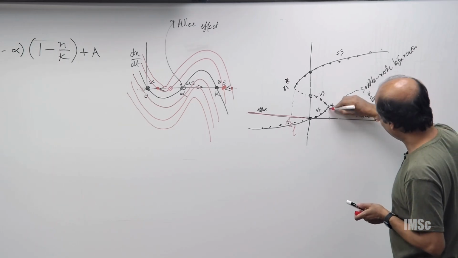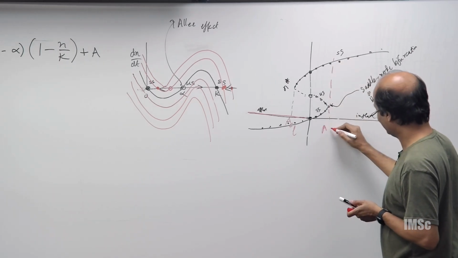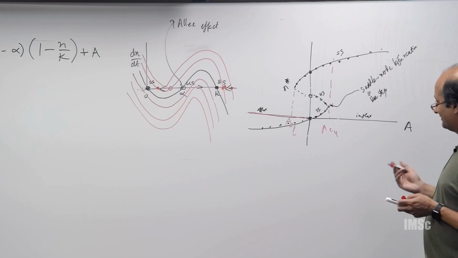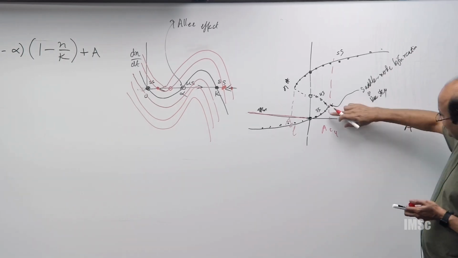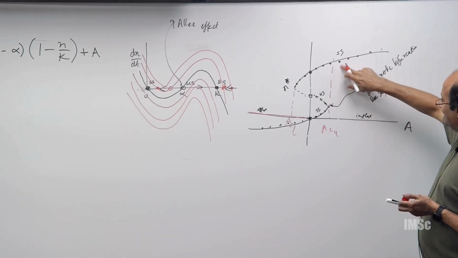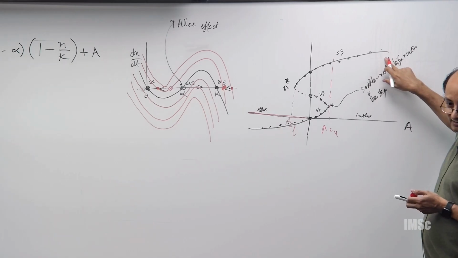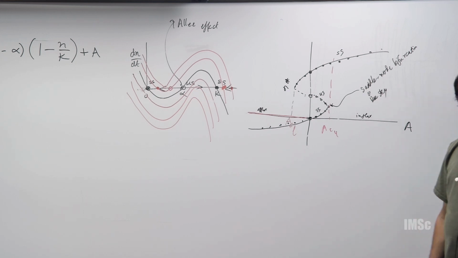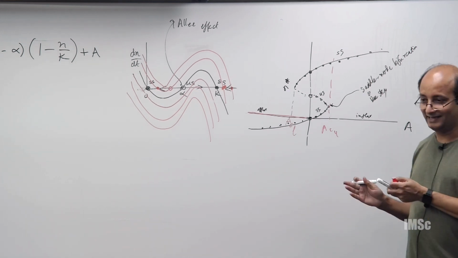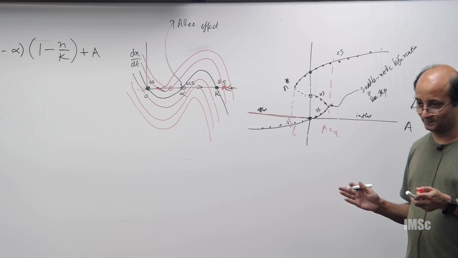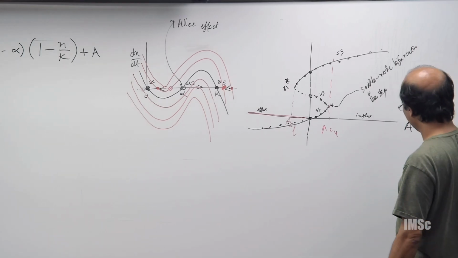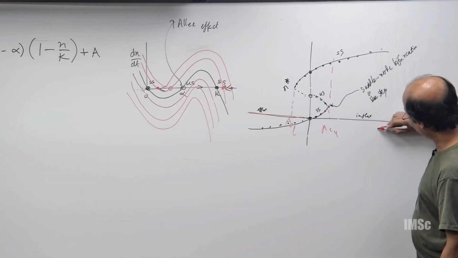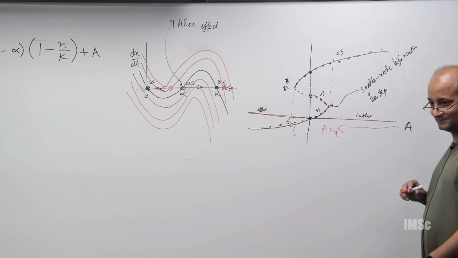On the other hand, there is another critical value, A critical, upper critical, where beyond a certain value there is only this upper branch, there is no lower branch possible. Now what will happen if I increase or decrease A? Suppose I am decreasing A from this side.